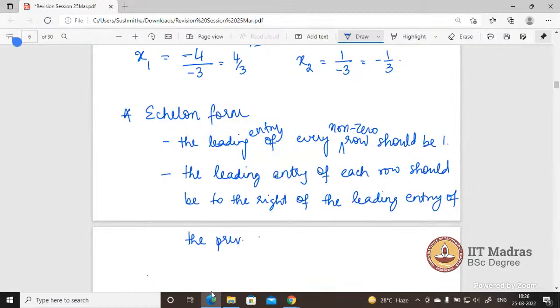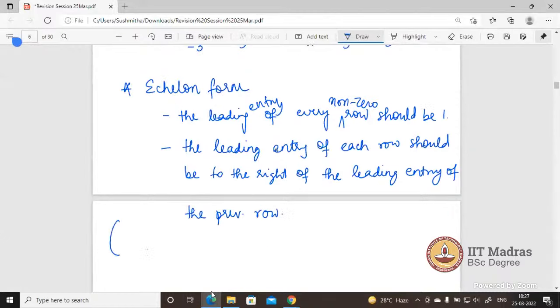This just says that the entries below the leading entry of each column should be 0. If you have a leading entry here, everything else below it in that column should be 0. That is when the next row's leading entry will be to the right of the previous one, right?